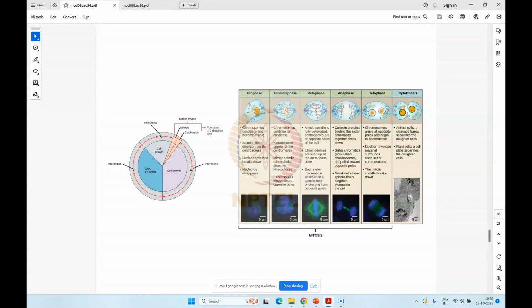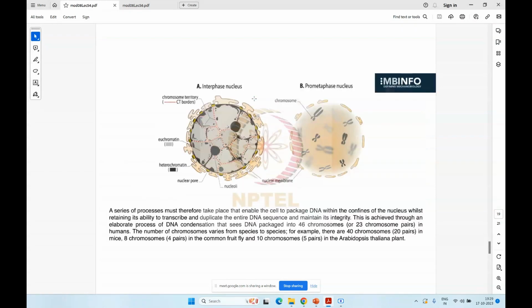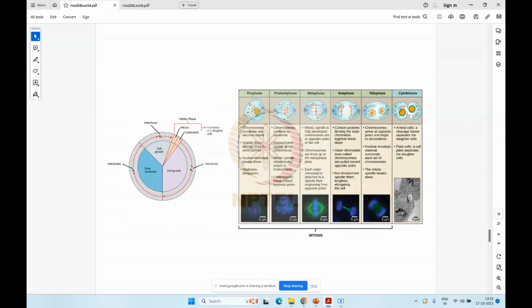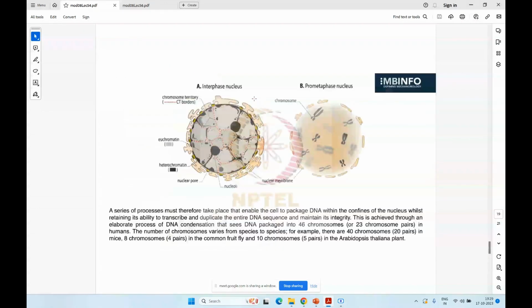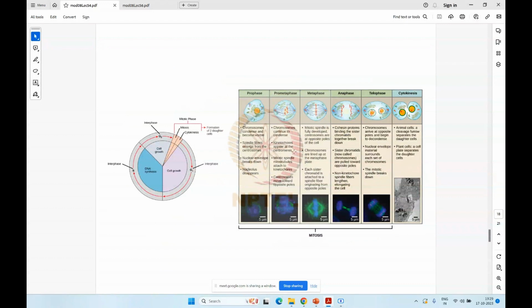For example, the nuclear envelope is going to vanish. The ER is going to be fragmented. Golgi is going to be fragmented. All of that.